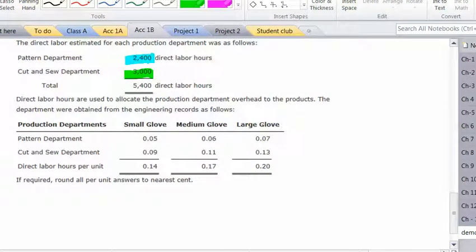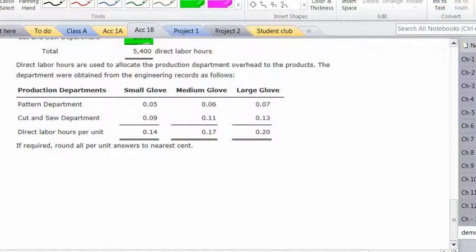So for the pattern department, I'll take my $69 times 0.05. That looks like $3.45.